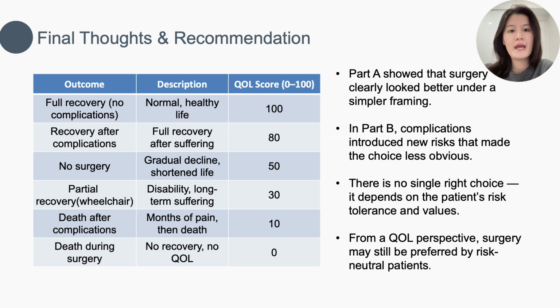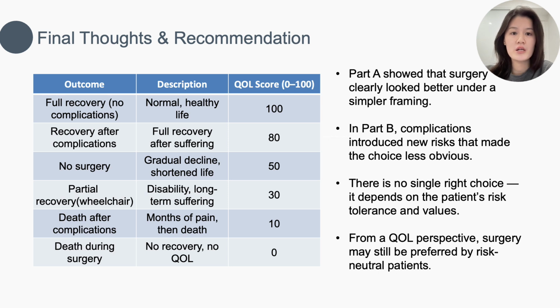Once we include complications, the outcomes of surgery vary much more, from full recovery to long-term disability or death after suffering. In my scoring model, I assign no surgery a score of 50. Some surgery outcomes like partial recovery or death after complications fall below that score. This means that surgery no longer clearly dominates.